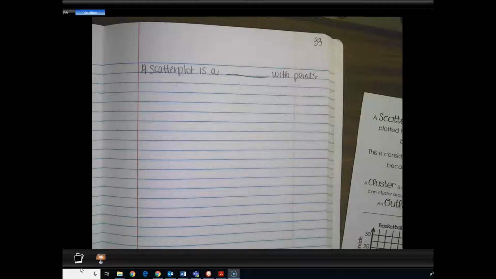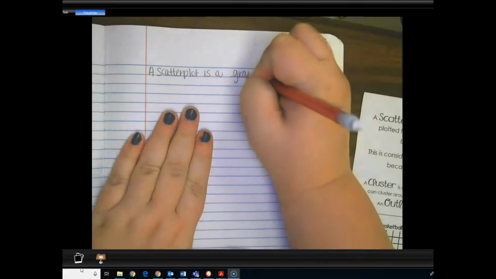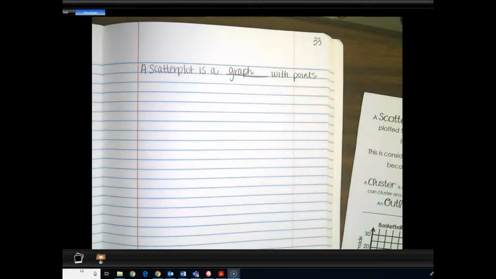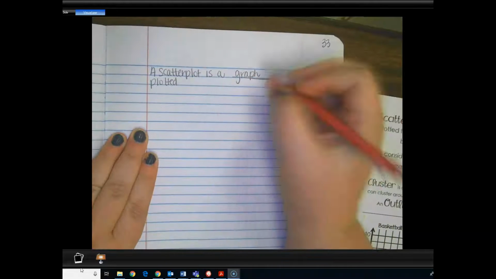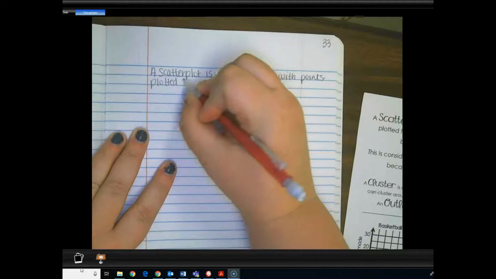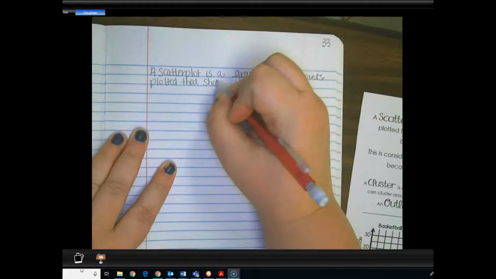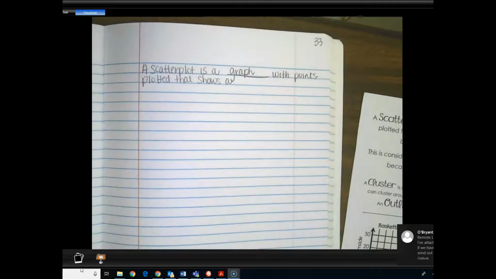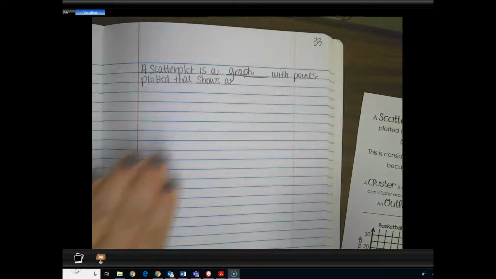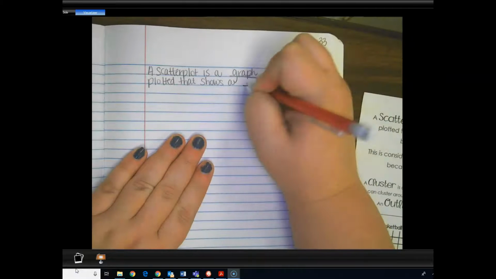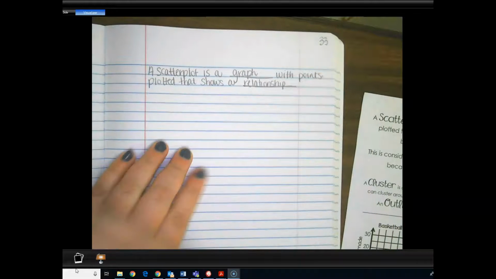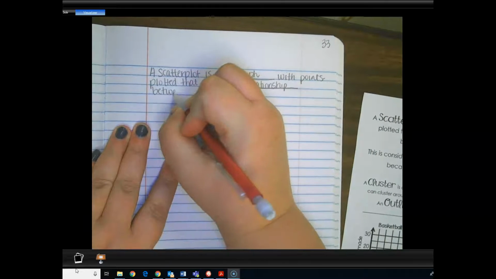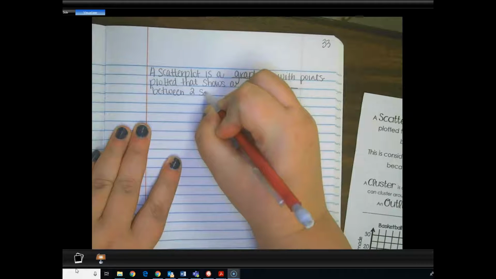All right, so we're going to fill in those blanks. It is a graph with points plotted, it's a graph with points plotted that shows, we're going to draw another line, that shows a relationship between two sets of data.